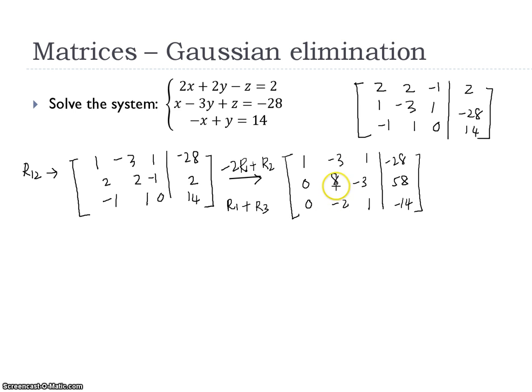Next, we are going to change the second element in the second row to become 1. So I guess it's easier if we interchange row 2 and row 3 so that we can just eliminate this 8 easily. So interchange row 2 and row 3.